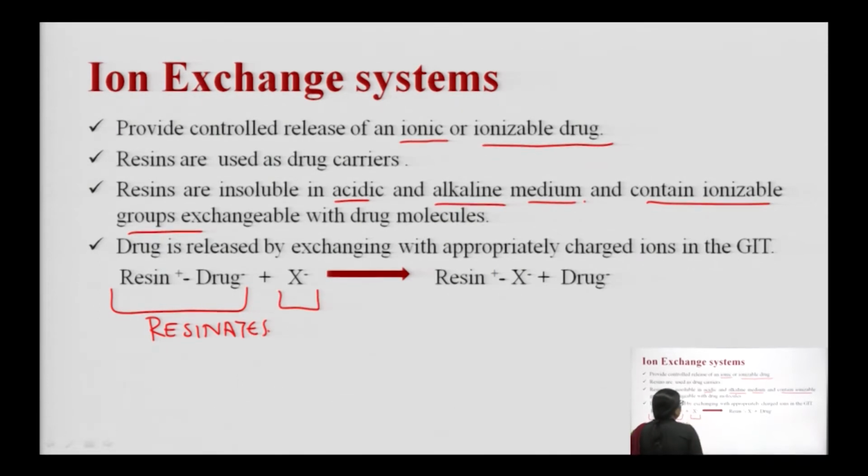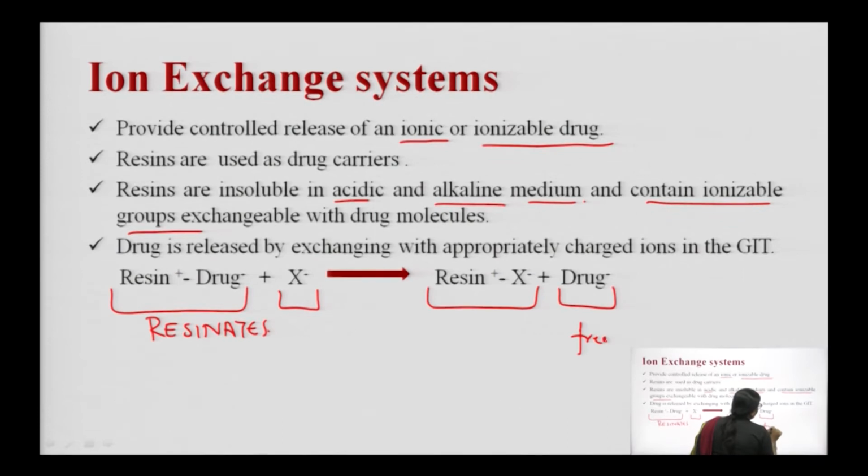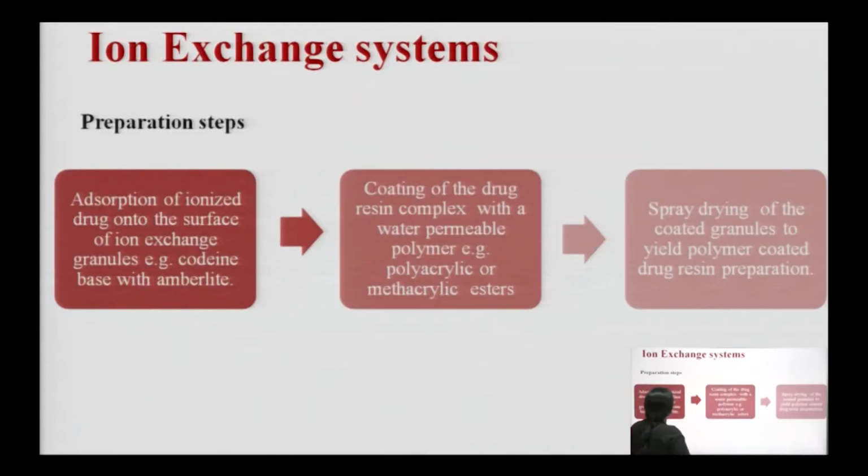This is the ion present in the GIT, and this can be exchanged for negatively charged drug particles, so that this ion gets linked up with the resin in exchange of the drug, and we get the free drug here. So, this is the point of exchange. The drug is being released and this ion is being replaced. So, these are the ion exchange resin systems.